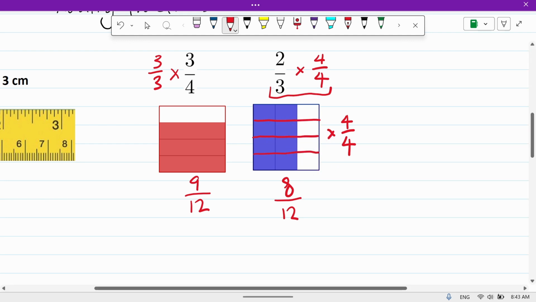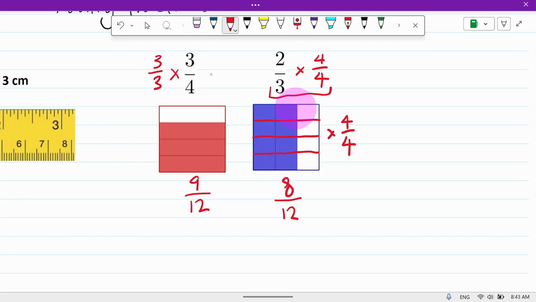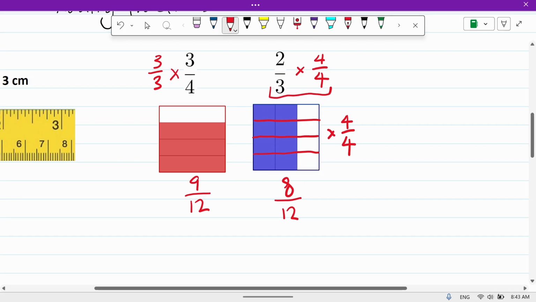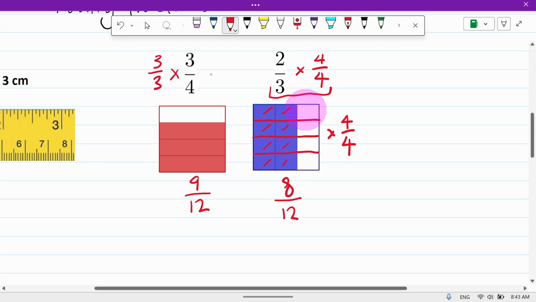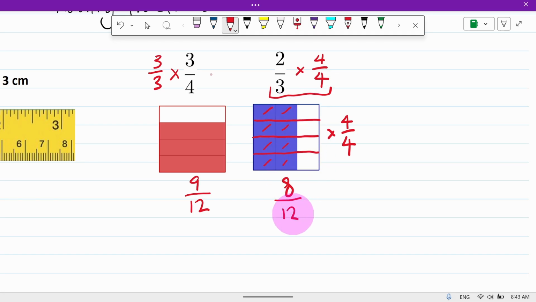And if we look, we have the same area shaded, but they are cut up into smaller pieces. So we have 1, 2, 3, 4, 5, 6, 7, 8. That's where our 8 comes from. And we have a total of 12, makes up the whole, which is the denominator.